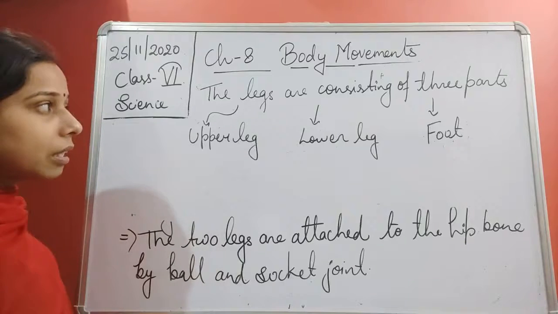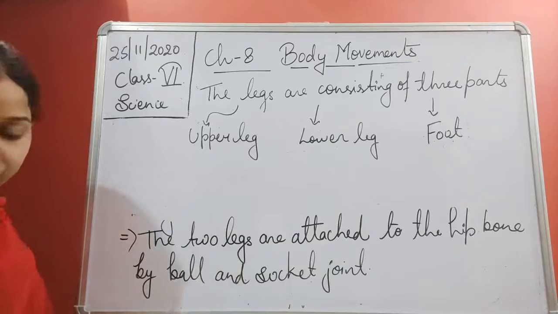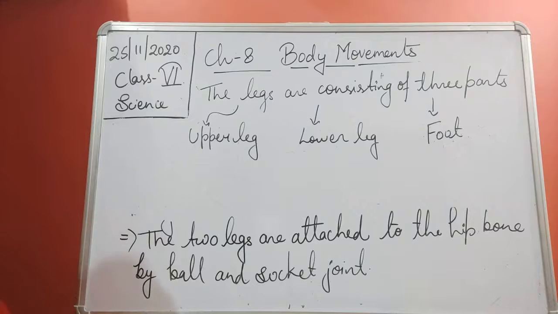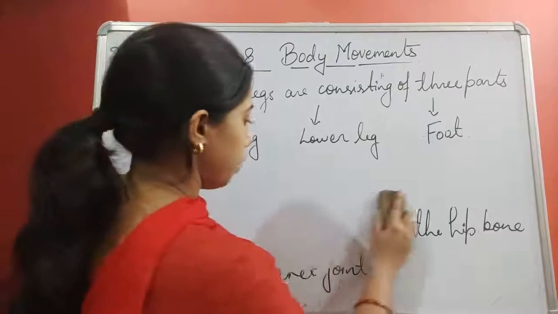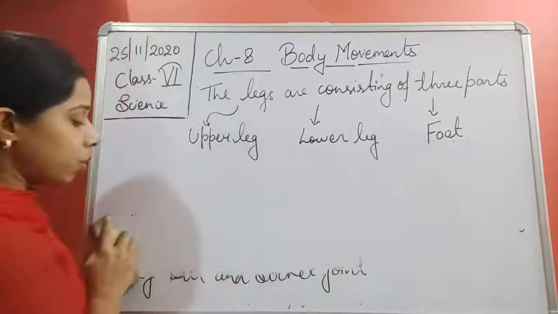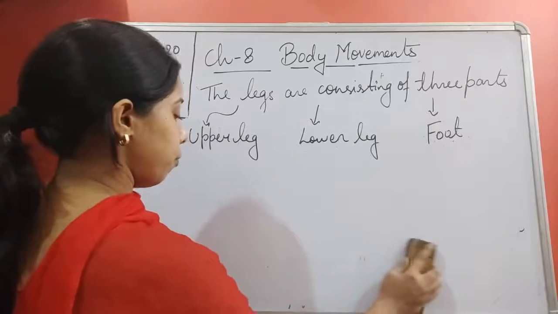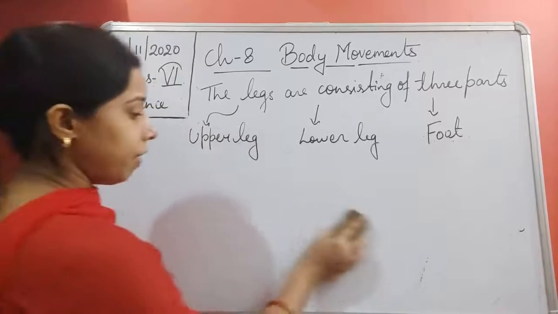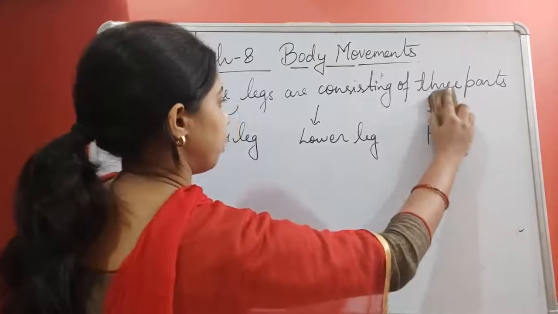Okay, so the legs are divided into three parts. Now let us try to understand all the parts of the legs one by one. We will start with the upper leg, then we move to the lower leg, and finally to the foot.